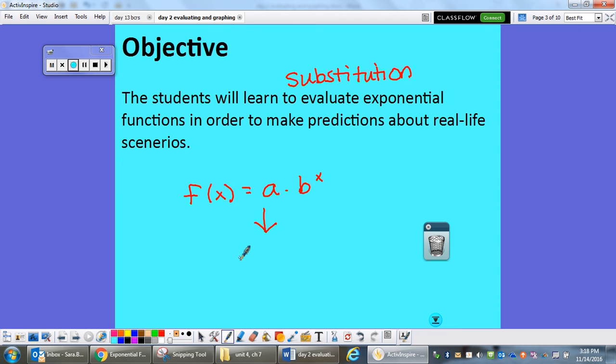Your a is your y-intercept. And remember, your b determines growth or decay. So again, you're going to evaluate the exponential functions in order to make a prediction about real-life scenarios.